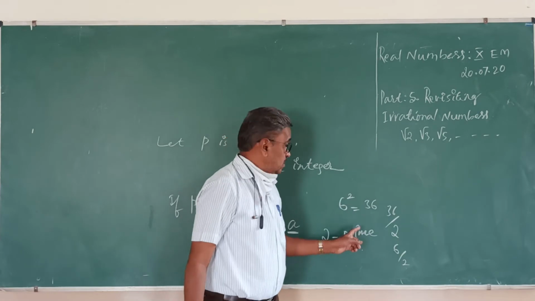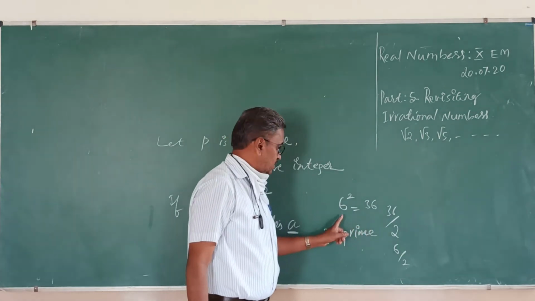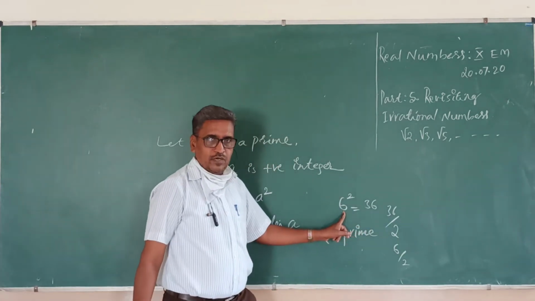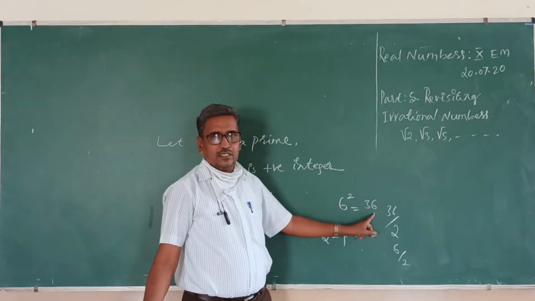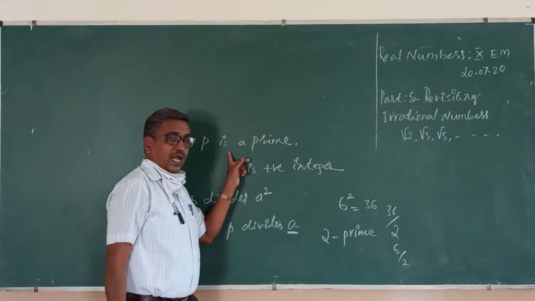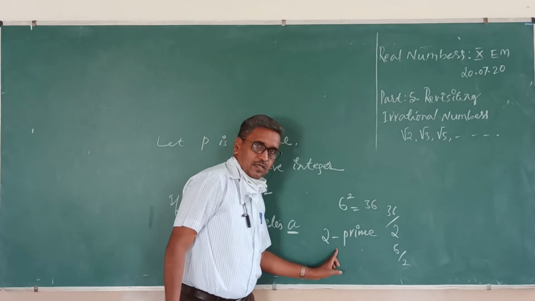The thing is, 6 is a positive integer, 6 square is 36, and I am taking 2 as a prime number.